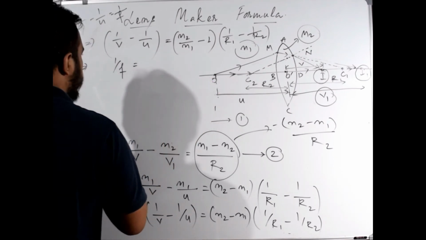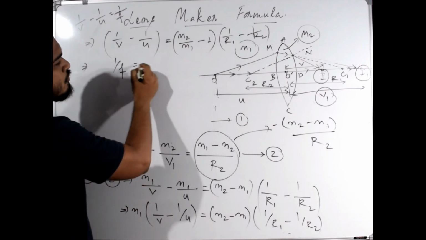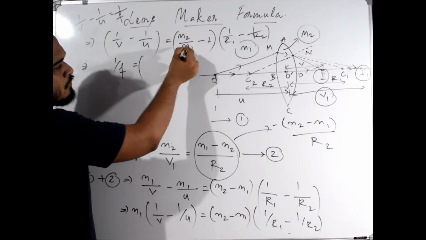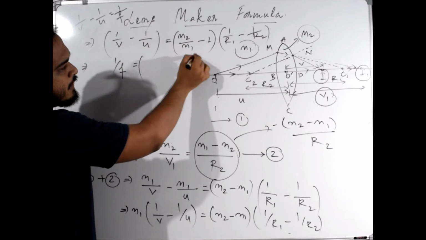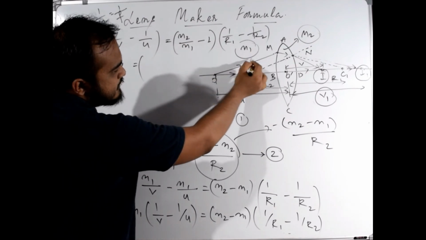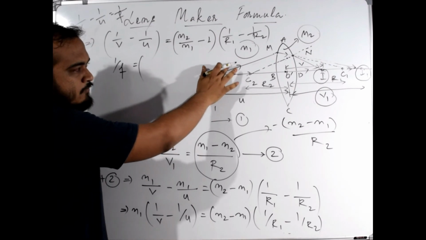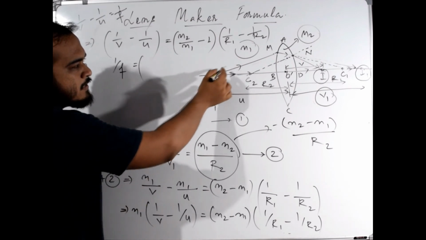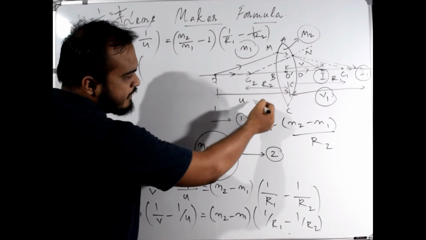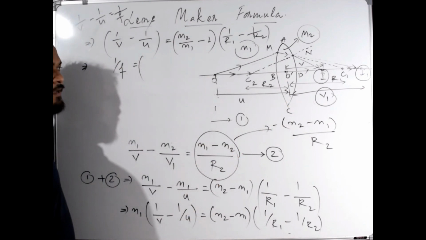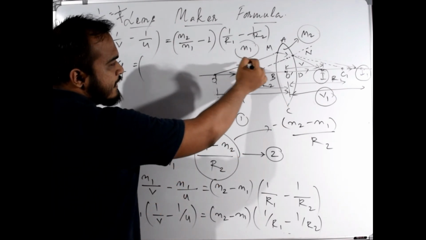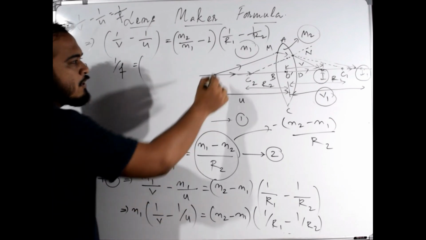This will be equal to 1 by F is equal to, so now if the outer medium, that is the medium outside the lens, is air, in that case the refractive index N1 will be equal to 1.